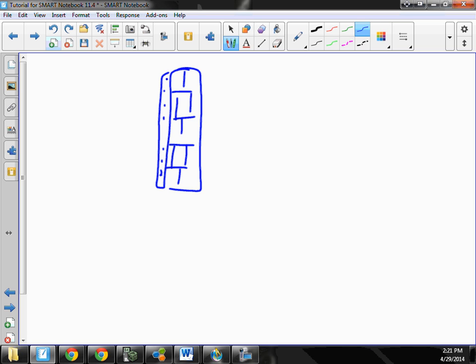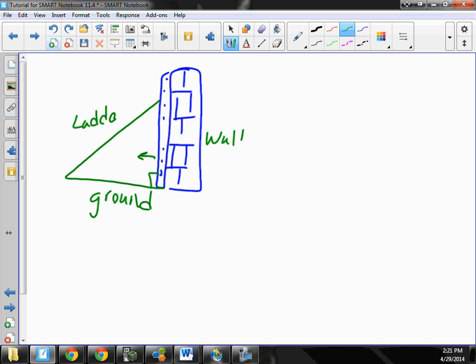And then we had this story where we pulled the ladder from the base and we created this right triangle. And we had the ground here, we had the wall there, and we had the ladder here. And we found out that it's really nice when the ladder is length 1.